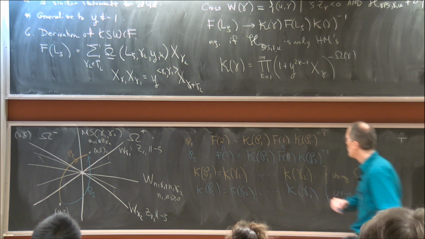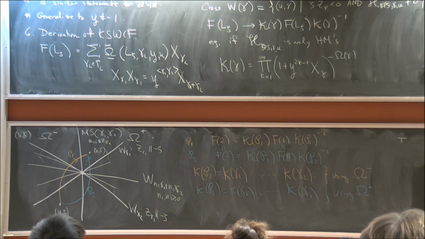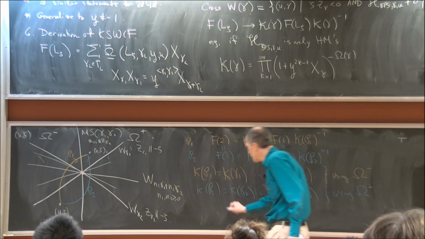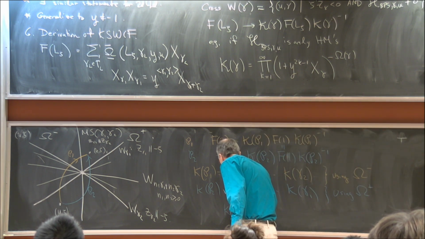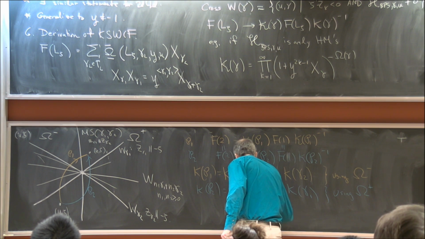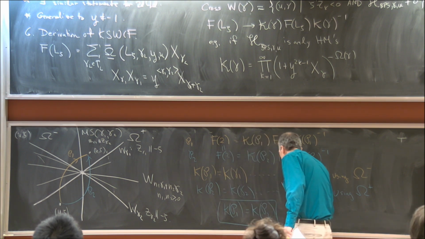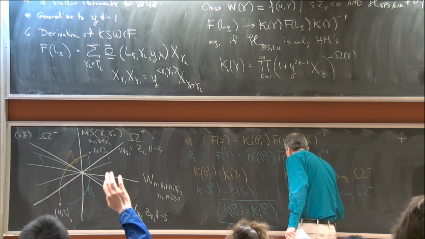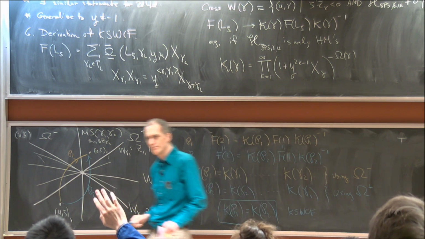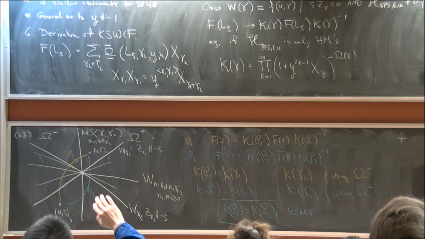F of 1 is F of 1. And so we should have K of P1 equals K of P2. And that is the Kontsevich-Soibelman wall-crossing formula. That's exactly what it is.